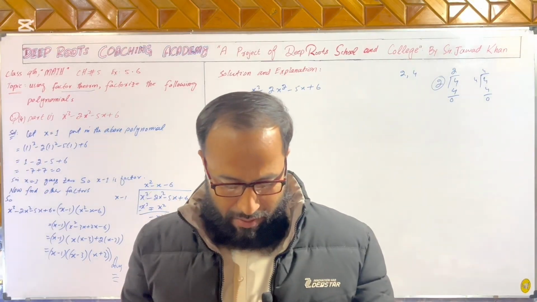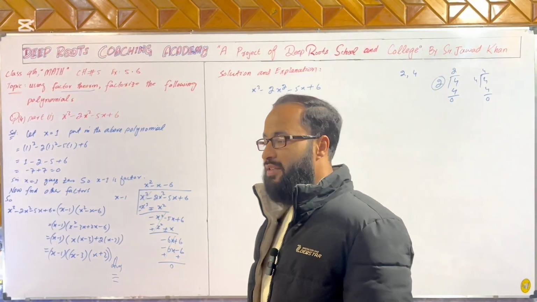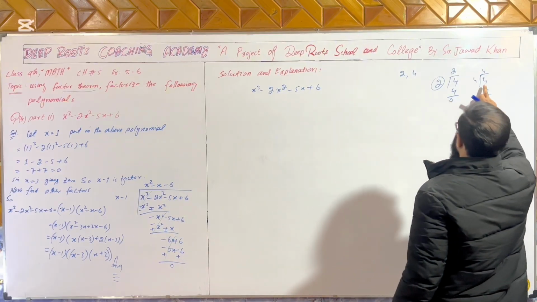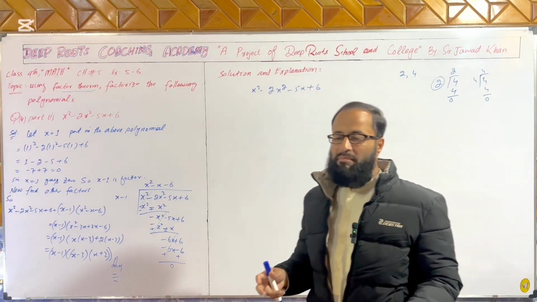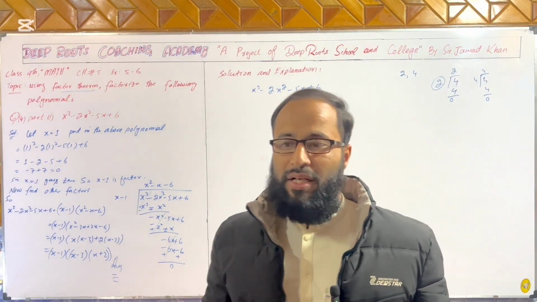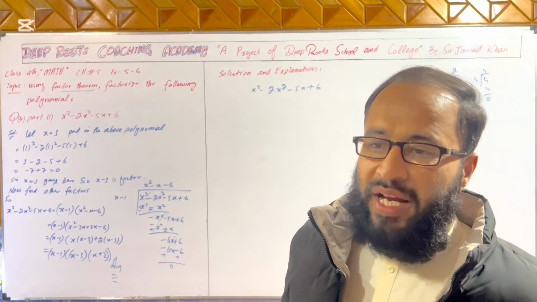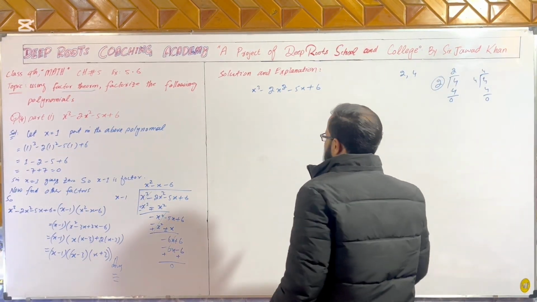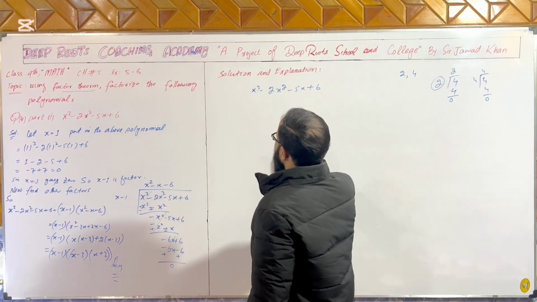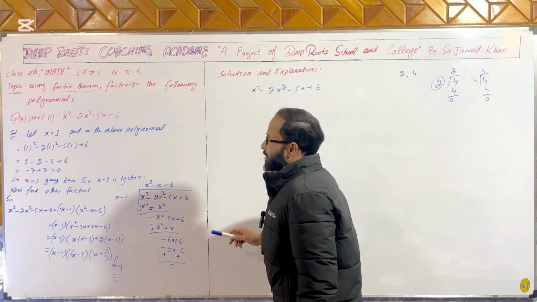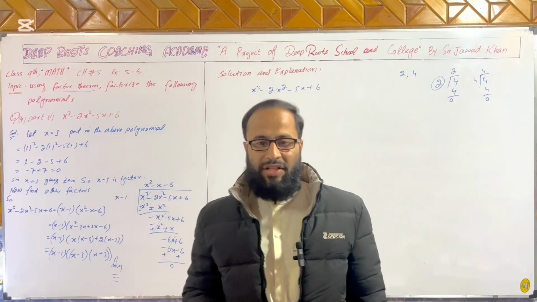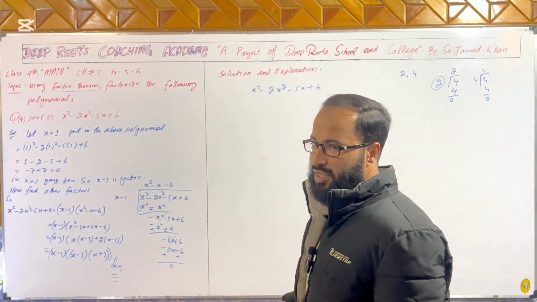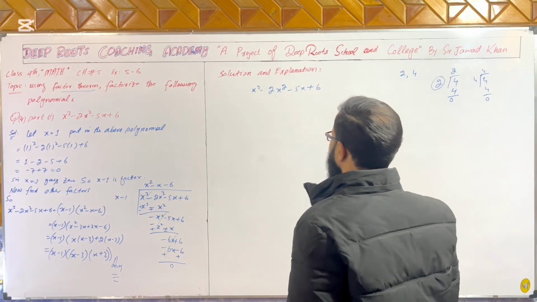So the factor is that thing which divides a number or a digit by giving remainder 0. So in simple words, if we divide a thing by another digit or number and it gives us 0 as a remainder, then that is the factor of that one.